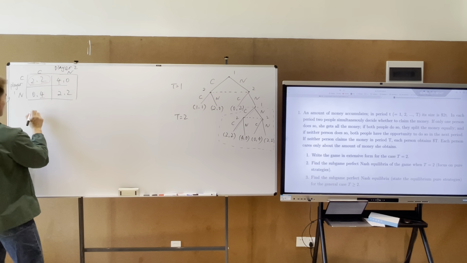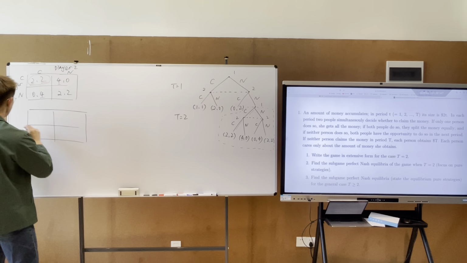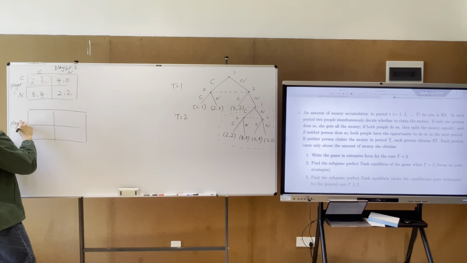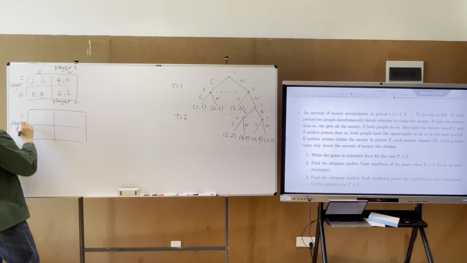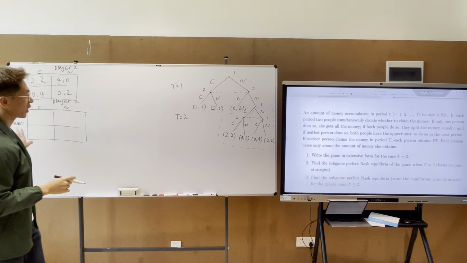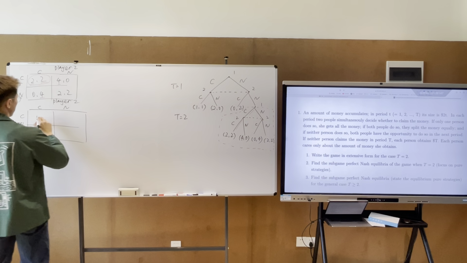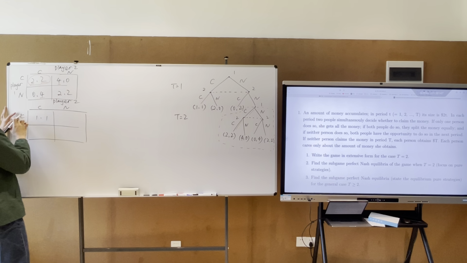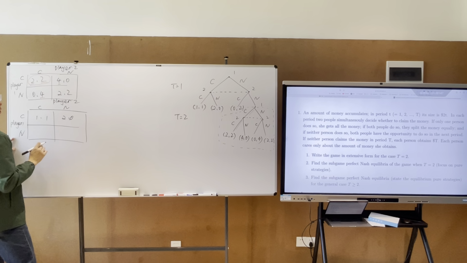In period 1, the same. We have 2 players, player 1 and player 2. Both of them have 2 strategies, claim and not claim. If player 1 chooses to claim and player 2 chooses to claim, this is 1, 1. Player 1 chooses to claim, player 2 chooses not to claim, this is 2, 0. If player 1 chooses not to claim but player 2 chooses to claim, this is 0, 2.